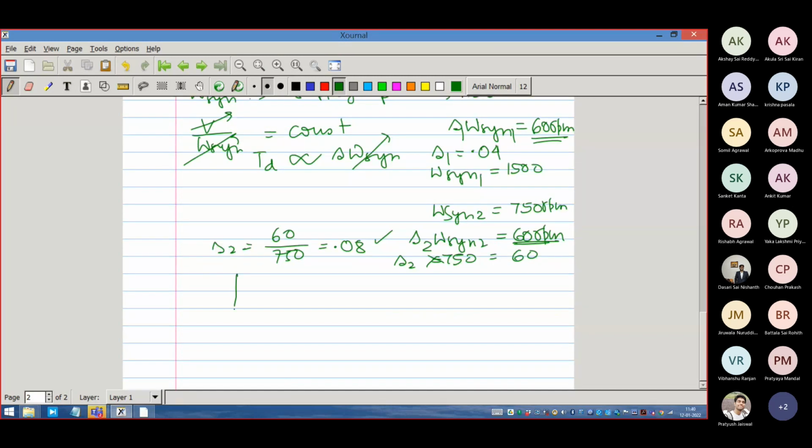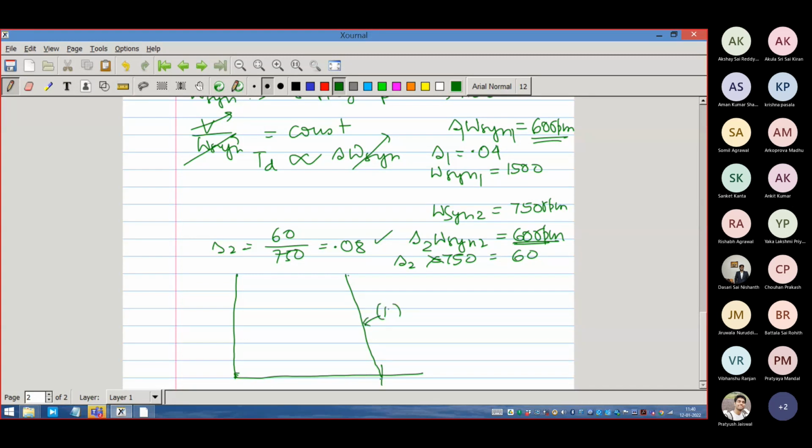Suppose the original characteristics was, I am drawing only the portion where torque is linear and torque is just a function of slip. That is the original characteristics 1.